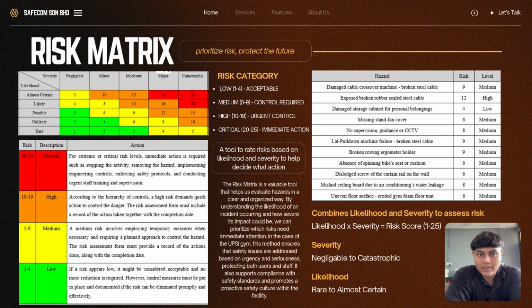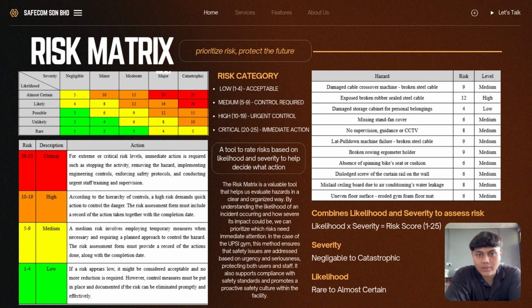For high, which is 10 to 19, it demands urgent attention. Immediate control must be documented and monitored. And the last one is critical, with a risk score from 20 to 25. It requires stopping the activity immediately. Serious corrective actions are necessary. So this approach ensures we not only identify hazards but also prioritize them effectively for corrective action.